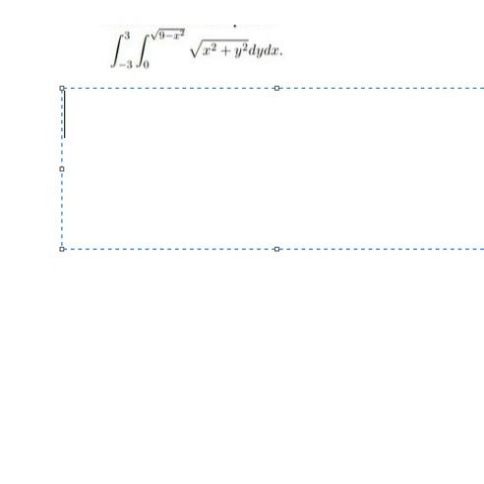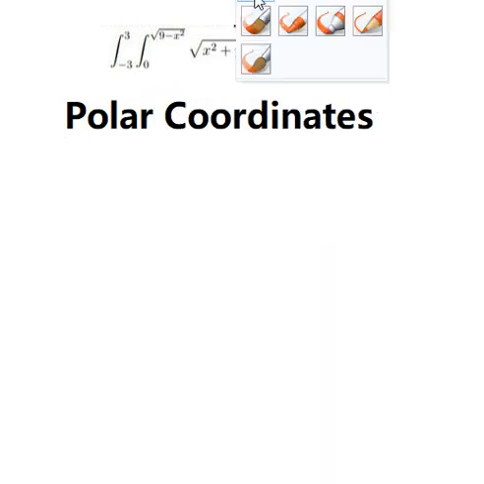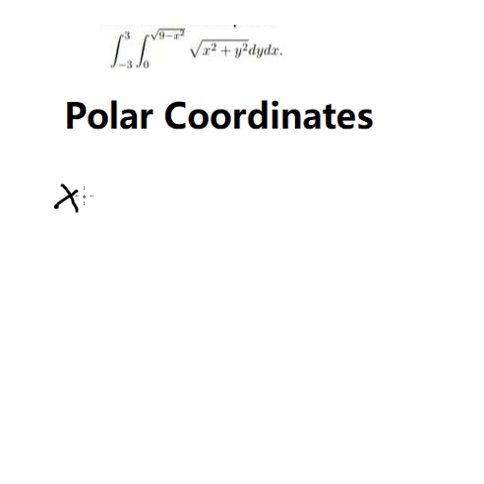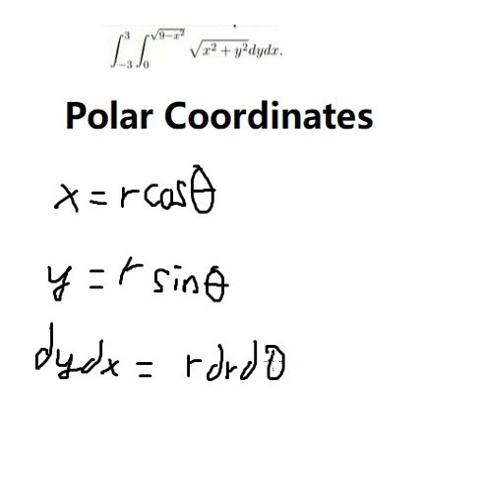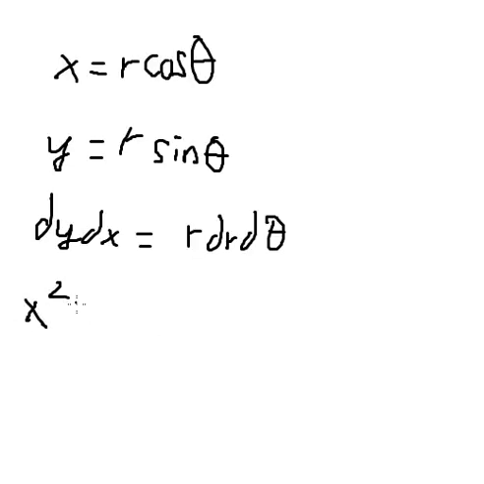We can use polar coordinates. So I will put x equals r cosine theta, y equals r sine theta, and dy dx we change to r dr d theta. So we have x squared plus y squared, that is this one and this one.